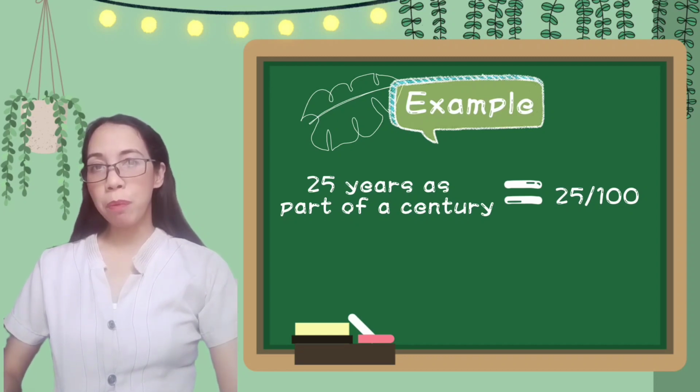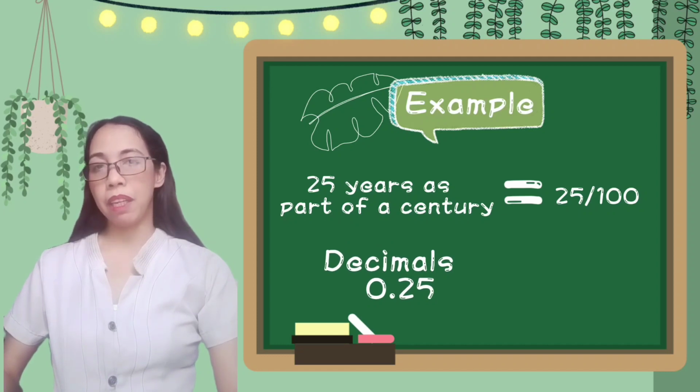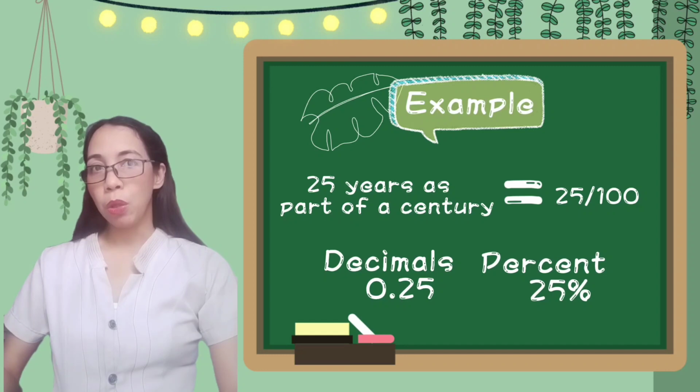How do we convert the fraction into decimals? We just divide 25 by 100 to get the decimal, which is 0.25. Converting it into percent will be 25%.